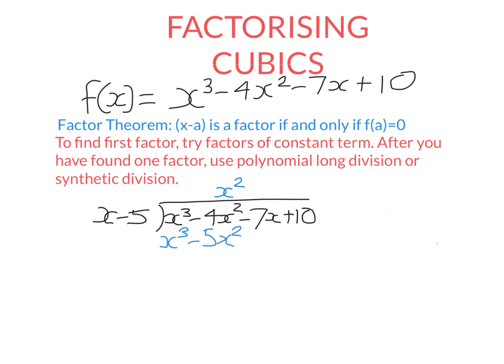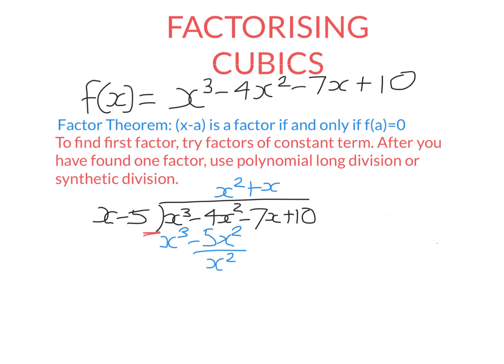So then what we're doing is calculating the remainder at each step. So x cubed minus x cubed is 0, negative 4x squared minus negative 5x squared. So that becomes a plus, and you're just left with 1x squared. So when you've got a remainder, you divide it by the leading term. So x squared divided by x is just x.